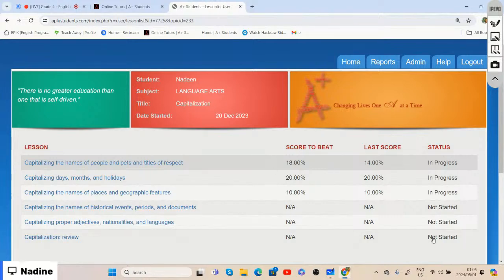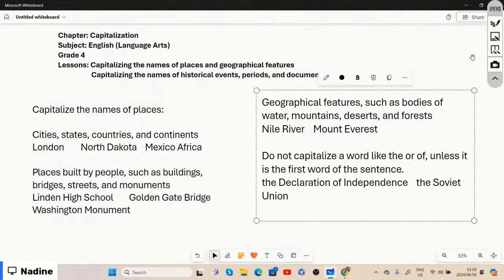All right, so we see that our chapter is capitalization.